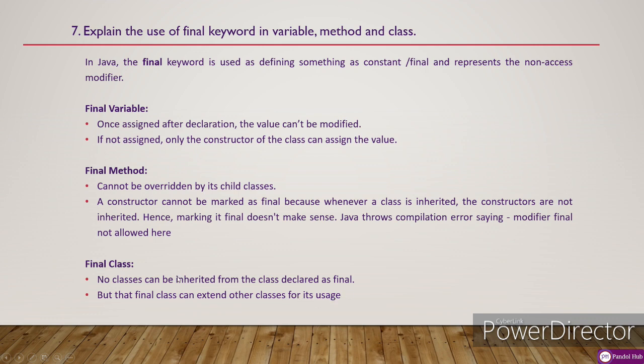So for example, you have a class called employee which is declared as final, then no other class can extend or be derived from this employee class since it is marked as final. But the employee class, which is a final one, can inherit, that is, it can extend or implement any number of classes and interfaces.